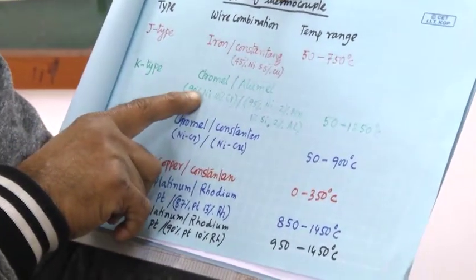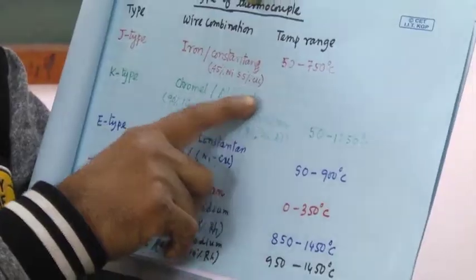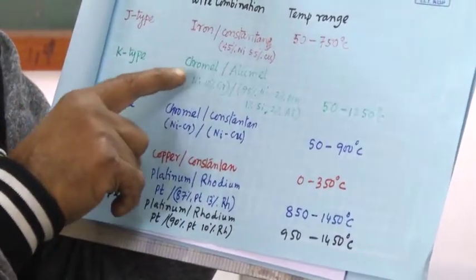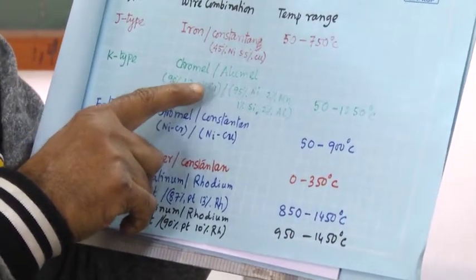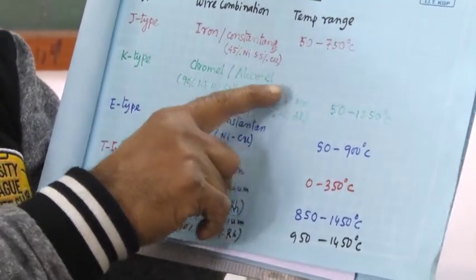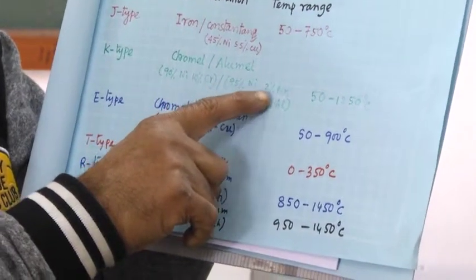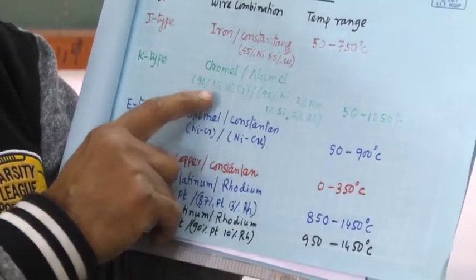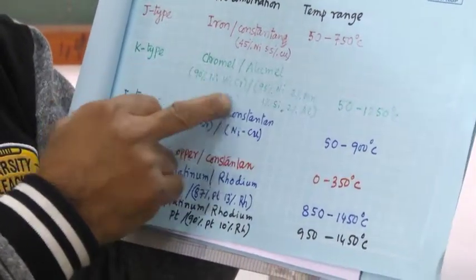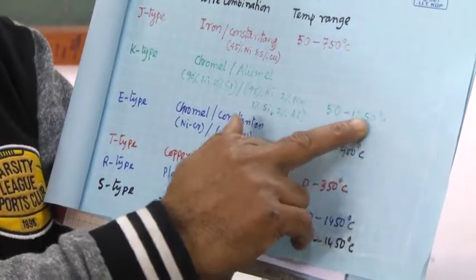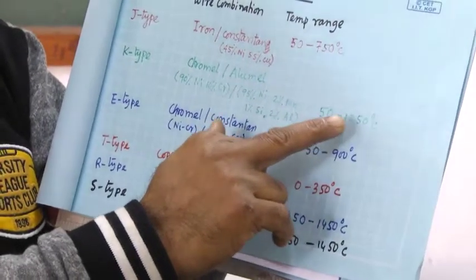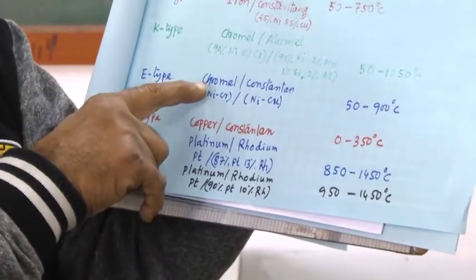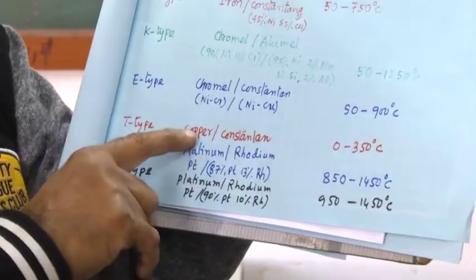Another very popular thermocouple is chromel alumel. Chromel is 90% nickel and 10% chromium, and alumel is 95% nickel, 2% manganese, 1% silicon, 2% aluminum. These are alloys. This combination is used for measuring temperatures in the range 50 to 1250 degrees centigrade.